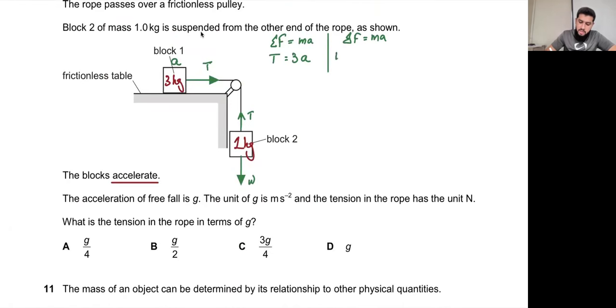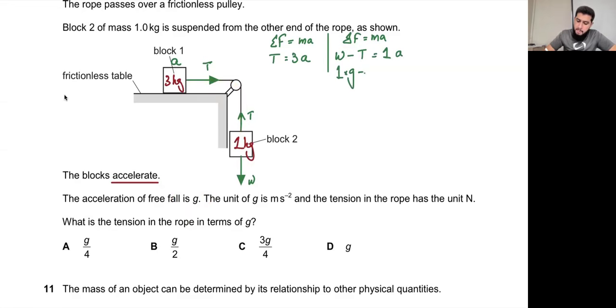We will say W minus T is equal to M, which is 1A. And W happens to be 1 times G, where G is 9.81 or whatever value is given here, we are using the same thing. Both T's are the same. The tension throughout the rope stays the same. The tension does not change.